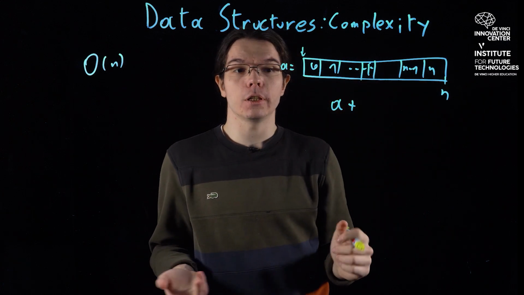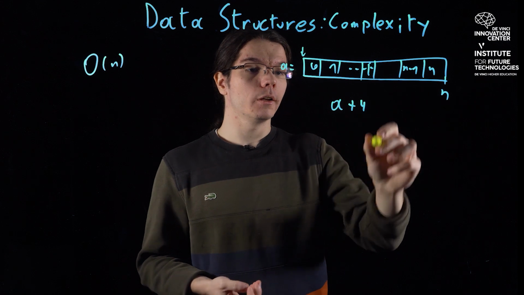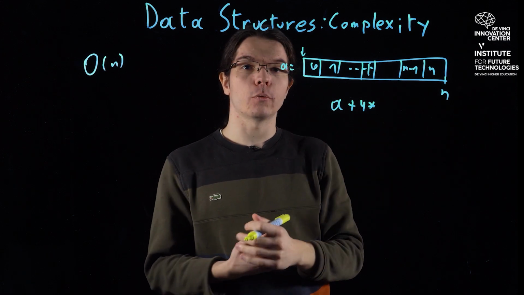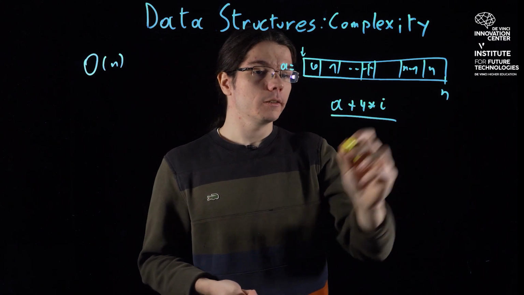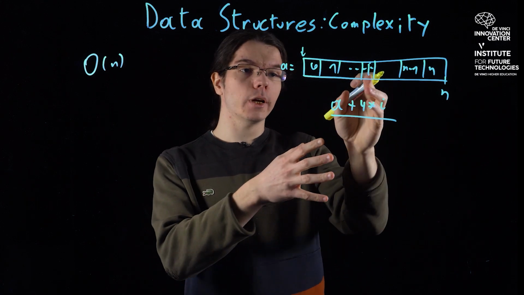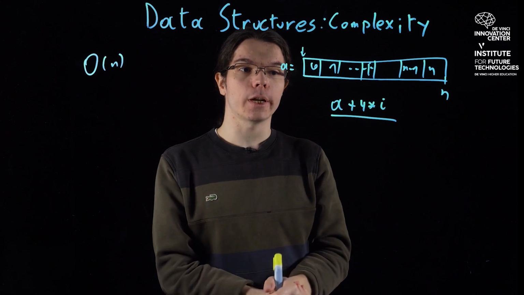So if it's an integer, it's going to be 4 times the index of what we want to access, so I. And this is only the formula to find where the I element is in the array.